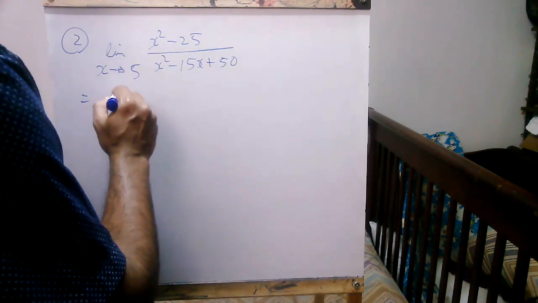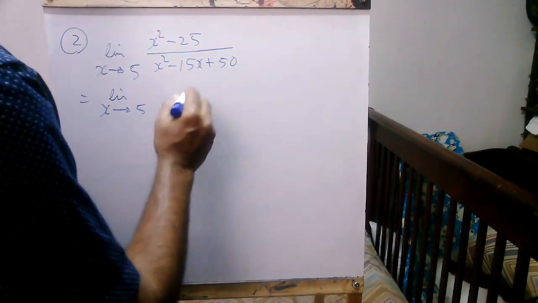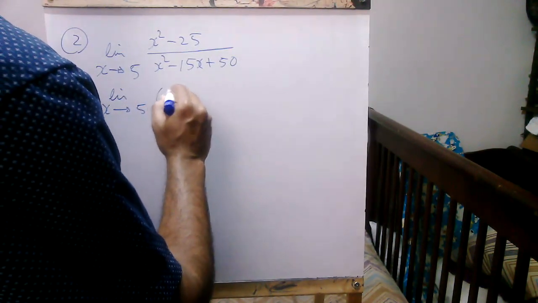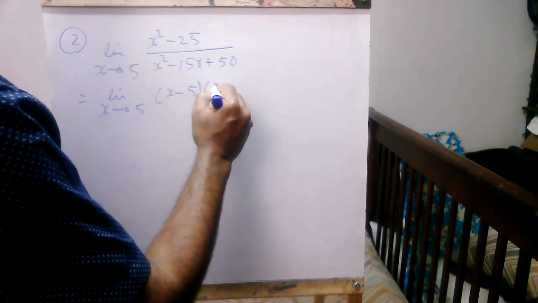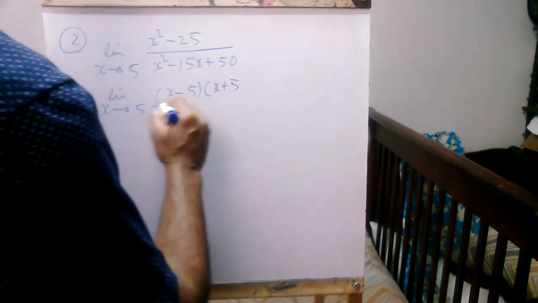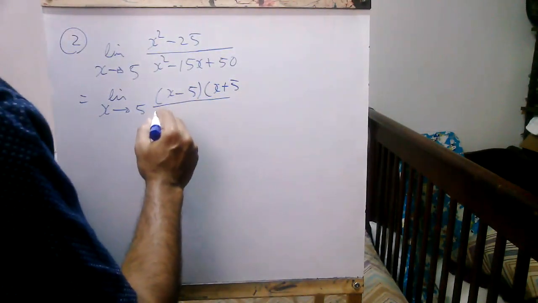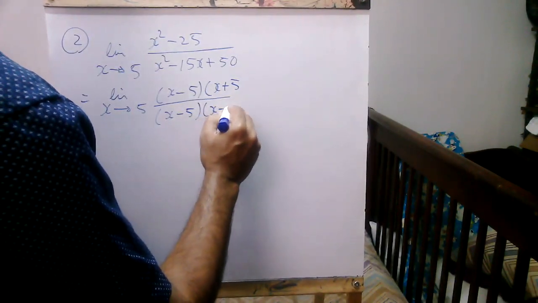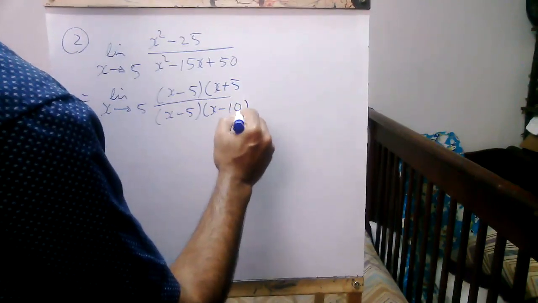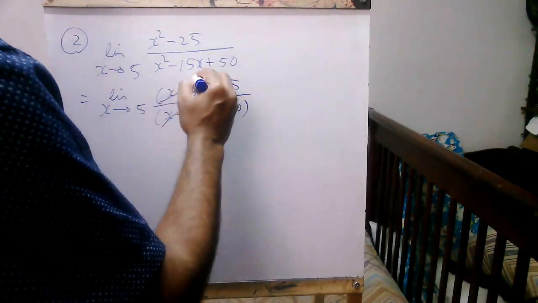We get the limit as x approaches 5. On top we get (x minus 5)(x plus 5). The bottom is (x minus 5)(x minus 10). The x minus 5 factors cancel out.